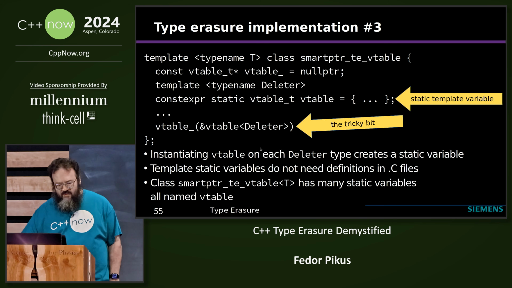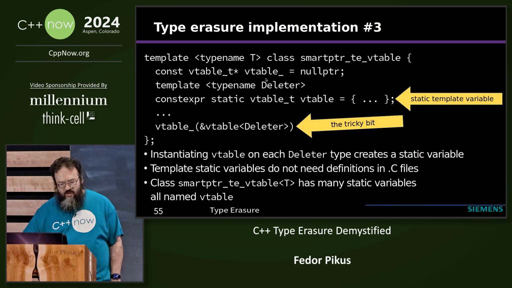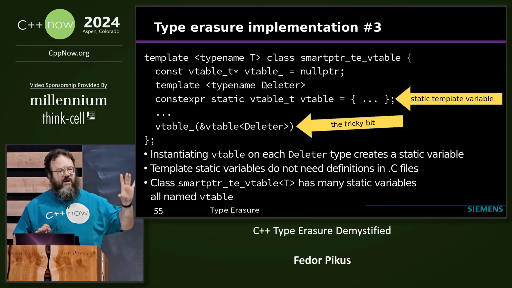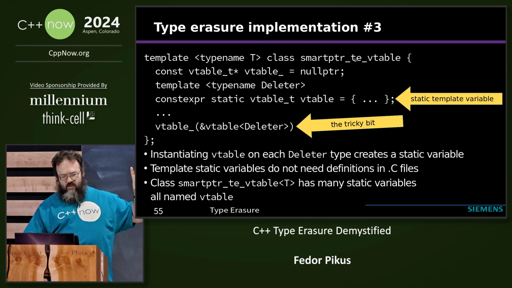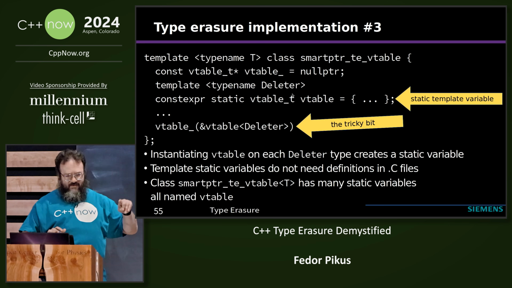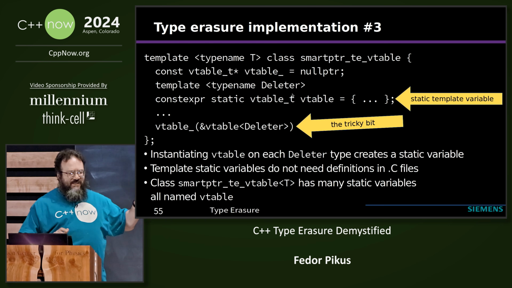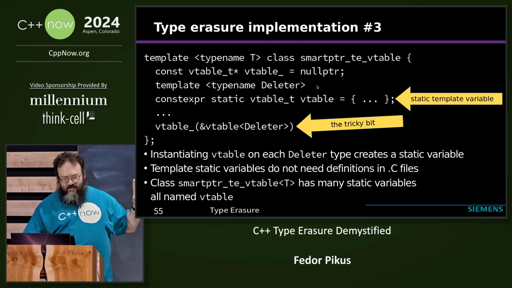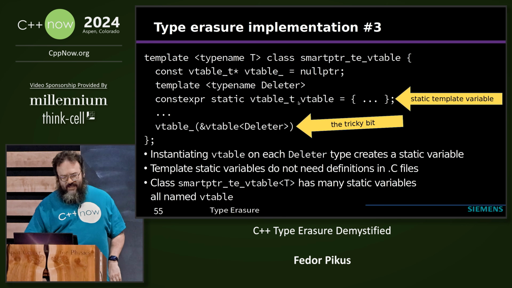So every time the constructor is invoked with a particular deleter type, it instantiates the template and creates a static variable. So this is an interesting case where my class, smart putter, has multiple static variables with the same name. I mean, the name includes the type, but internally I see them as this. But there is more than one of these. Depending on which constructors I use, this class has many static variables, all named vtable.